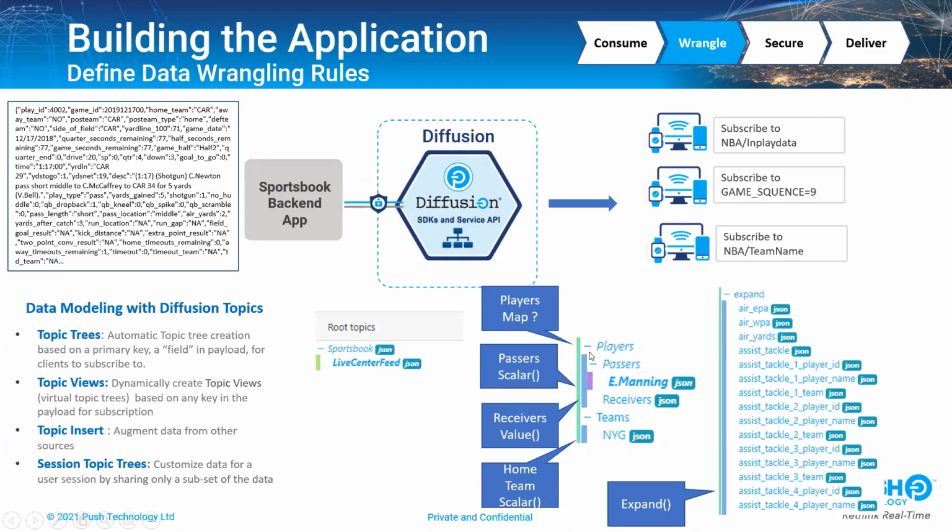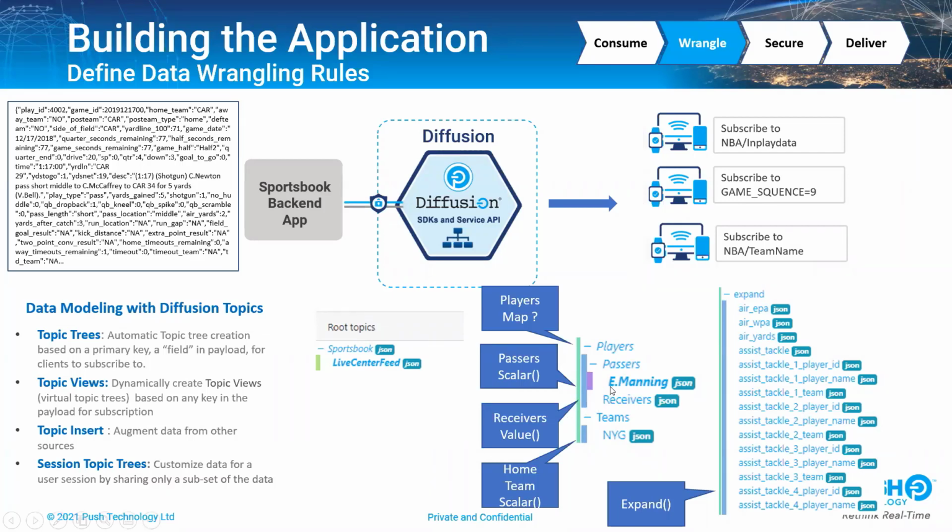Now I can add rules where maybe I'm just interested in Eli Manning, in specific passers. And so we have a rule that says, okay, I want to break out all the passers into their individual topics, where I can have a consumer, a customer, that says, I'm only interested in market lines associated with these quarterbacks or these receivers or these types of even plays that have occurred.